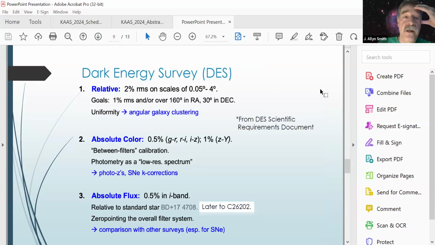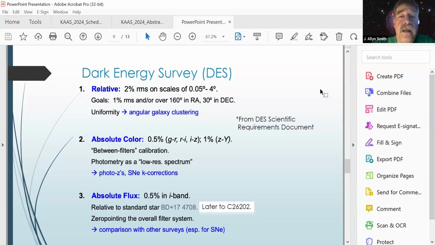So we jump forward to the Dark Energy Survey, which was done on the 4-meter Blanco telescope at Cerro Tololo with a new camera. Our science requirements drove the entire survey at this point. And so we had a requirement of 2% RMS on all scales in the survey unit with an enhanced goal of 1% over these areas.